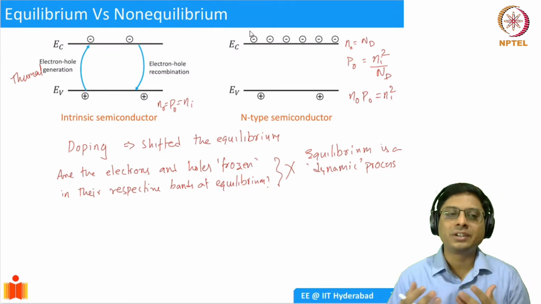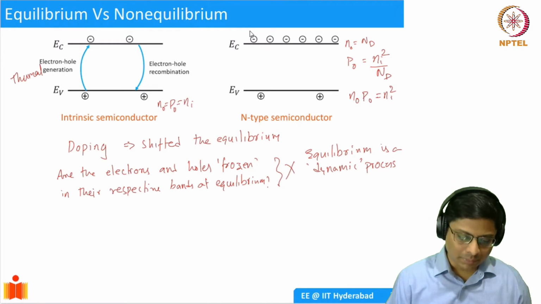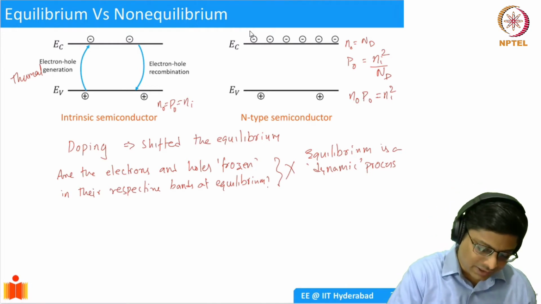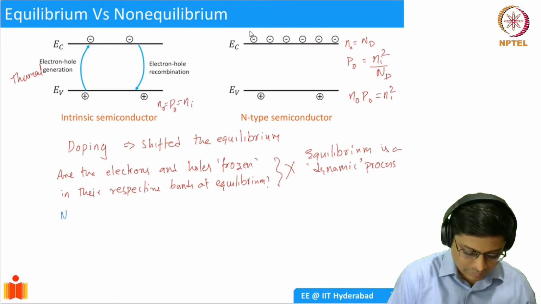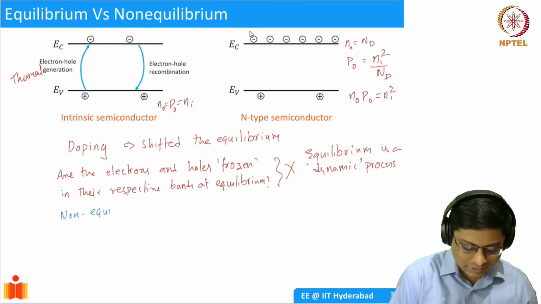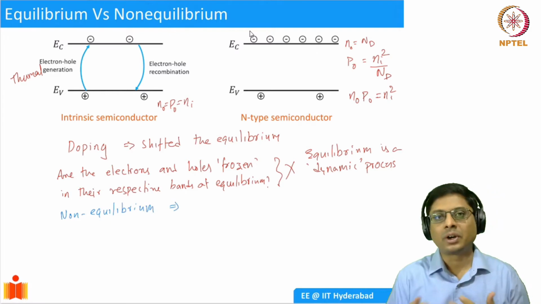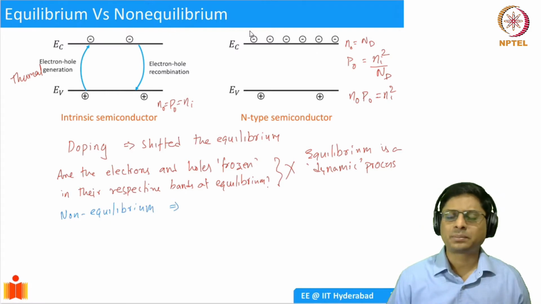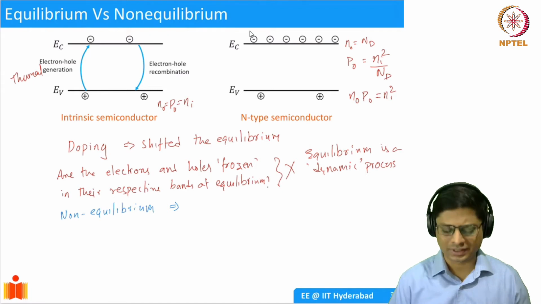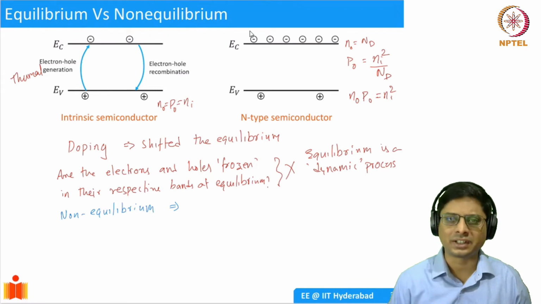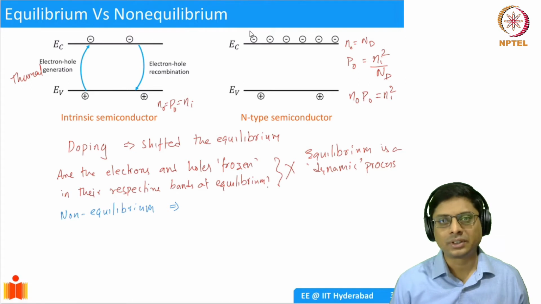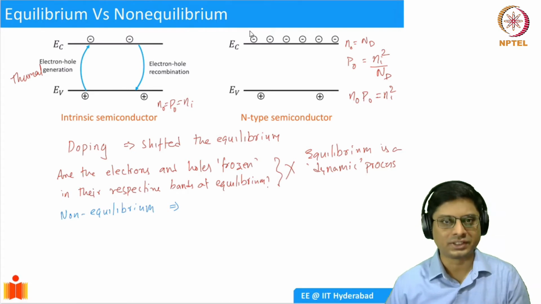So what does non-equilibrium mean? Basically, non-equilibrium means we are disturbing the equilibrium. How can we disturb the equilibrium? We could apply an external stimulus. For example, if I apply electrical voltage to a particular semiconductor device, and somehow I'm able to introduce additional holes or additional electrons, we'll see that this is possible.